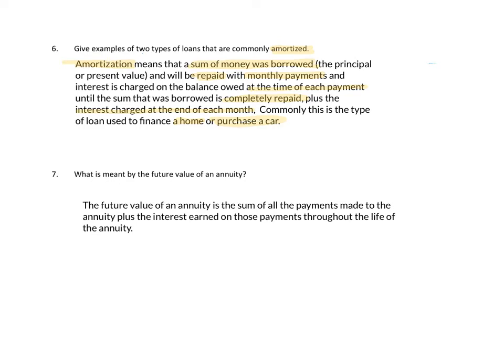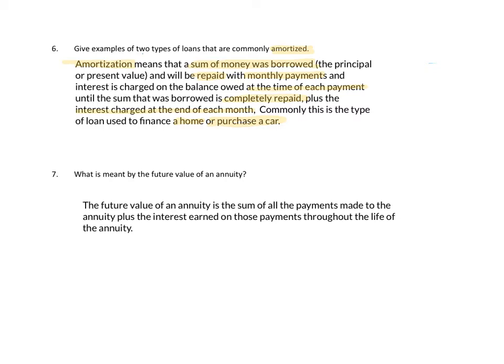For example, if you take out a loan to pay for startup costs for a business, or for some project, or for a vacation, those are all mortgages, even though they don't involve a house, because the key idea is that you borrow a sum of money and then repay it with monthly payments and pay interest on the balance out of that payment every single month.